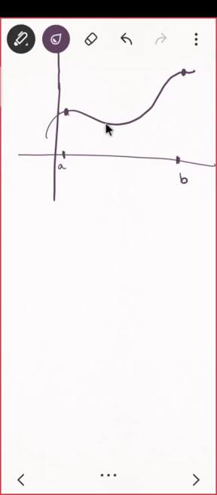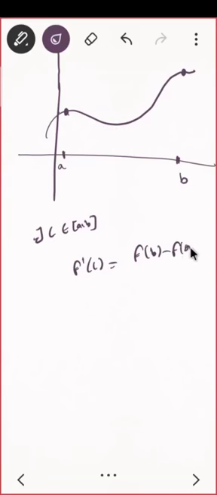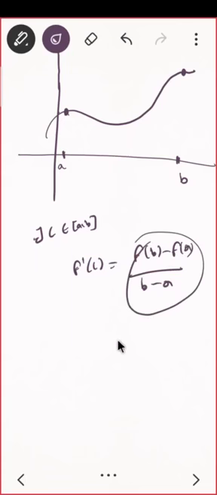Now what is my claim? My claim is to prove there exists a C point between A and B such that f dash of C should be same as f of B minus f of A upon B minus A. Do you observe this is actually slope of 2 points? And what are the 2 points? A comma f of A and B comma f of B. This thing is actually slope of 2 points.